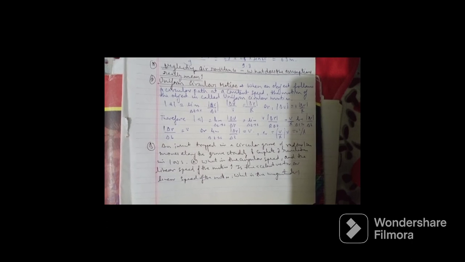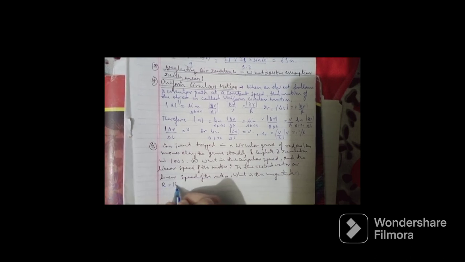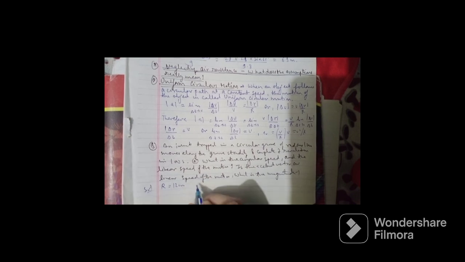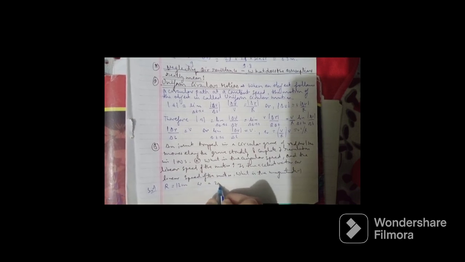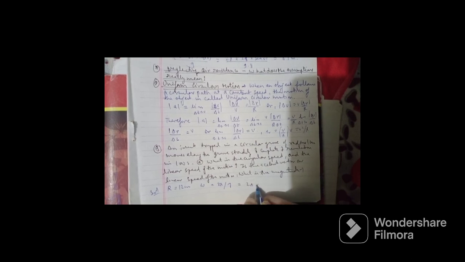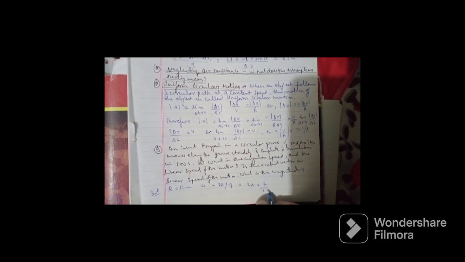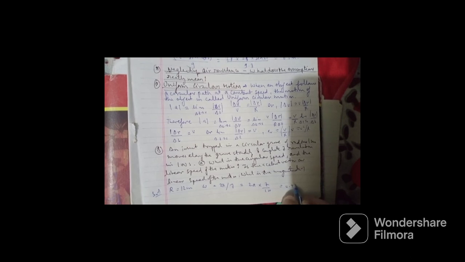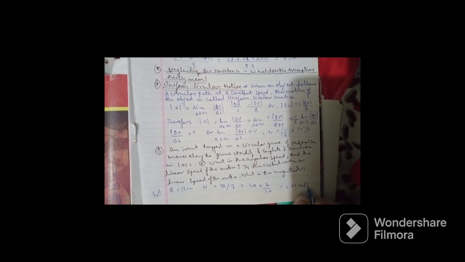Now we go for the solution here. This is an example of uniform circular motion, where r equals 12 centimeters. So the angular speed omega is given as omega equals 2 pi by T, which equals 2 pi into 7 upon 100, equals 0.44 radians per second.